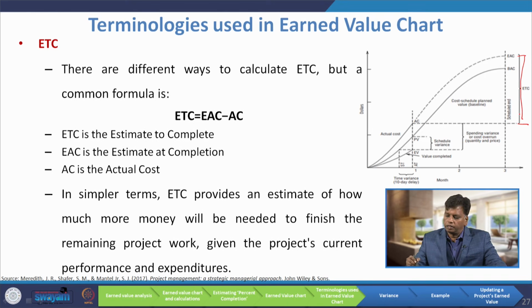This is nothing but estimate at completion minus actual cost, and we will get estimate to complete. In simple terms, ETC provides an estimate of how much more money will be needed to finish the remaining project work given the project's current performance and expenditure. That is your ETC, estimate to complete.